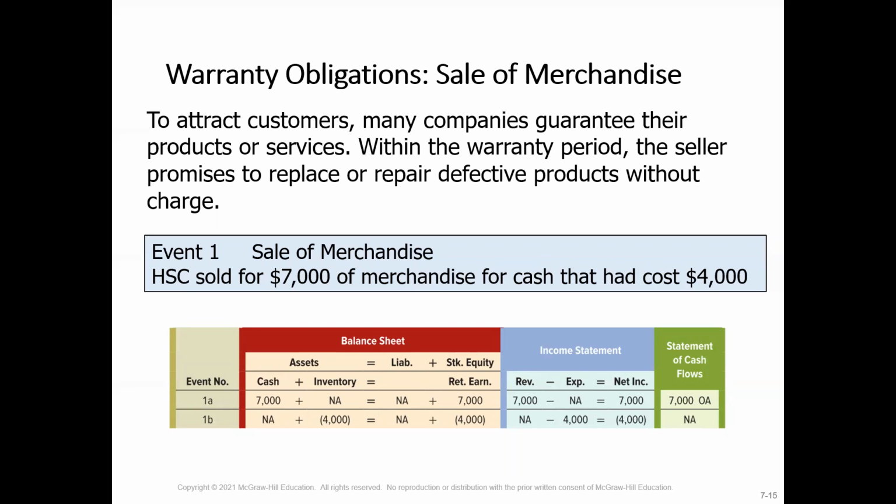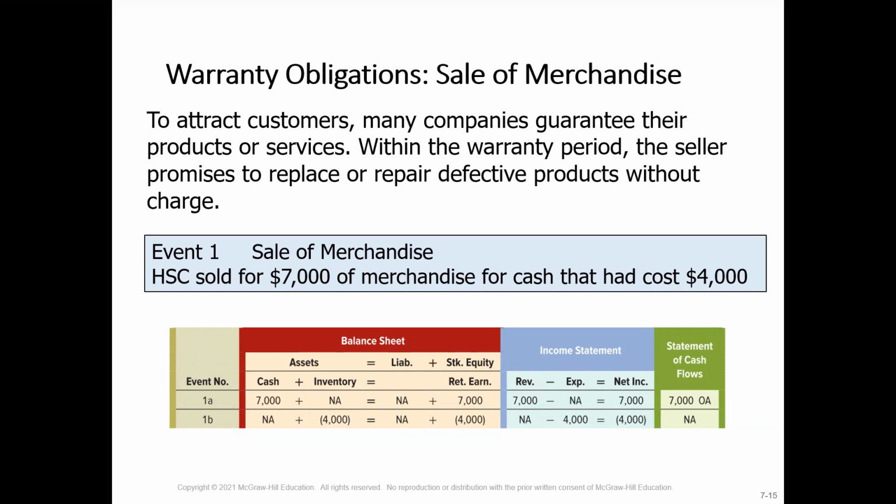So we sold merchandise for $7,000 to our customer. That merchandise cost the company $4,000. Event 1A is the sale of the merchandise: increase to cash, $7,000, increase to sales revenue, also $7,000. Event 1B is the recording of our cost of goods sold.